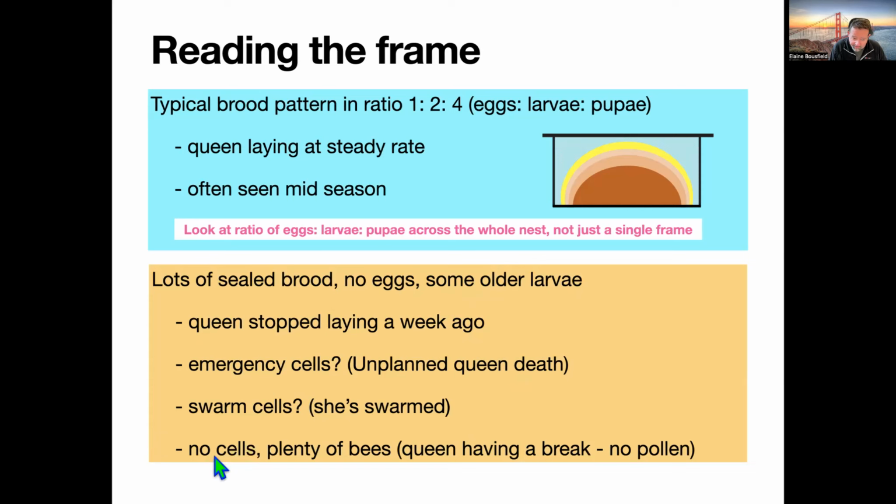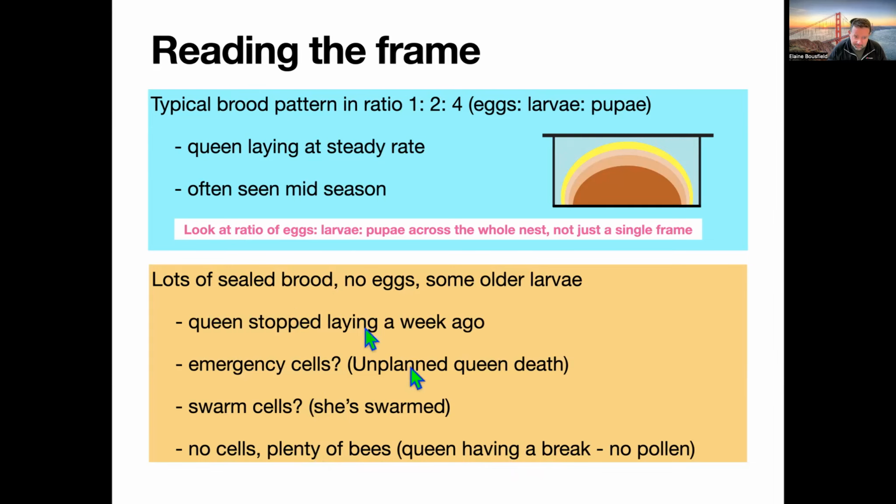Very often for me in maybe August, there's still a queen, but she's just having a break. So a lot of people think they've gone queenless towards the end of summer, and quite often it's quite possible that they're not queenless, that she's just not laying for a while.